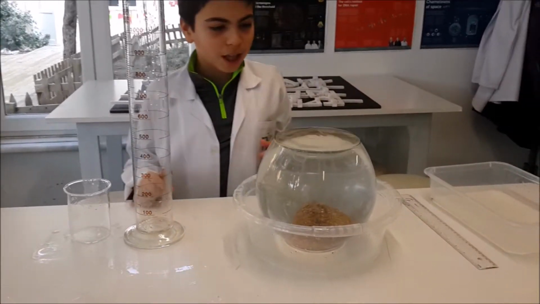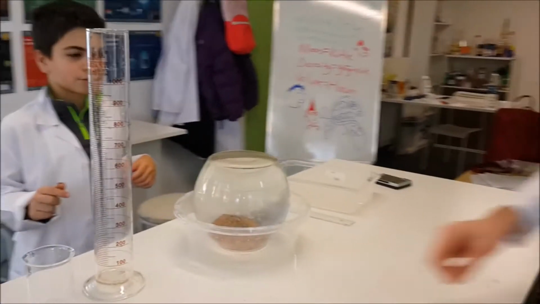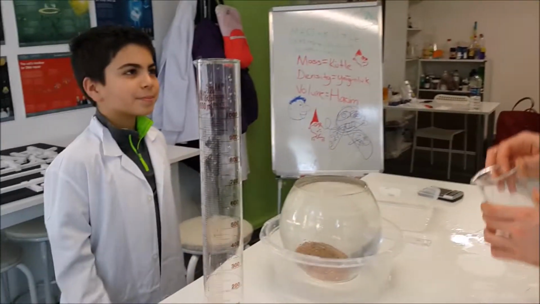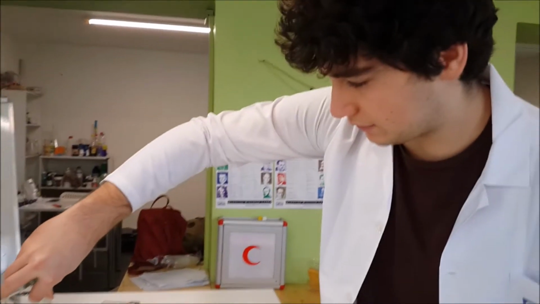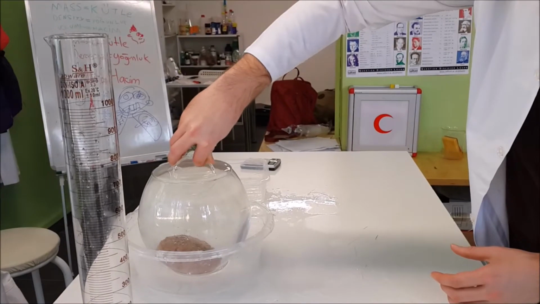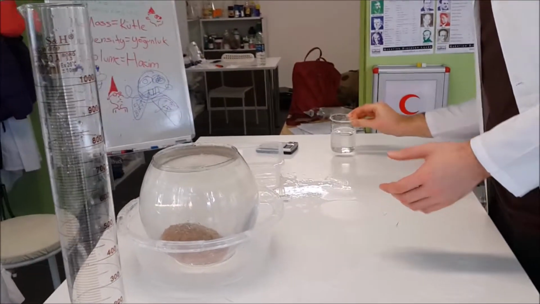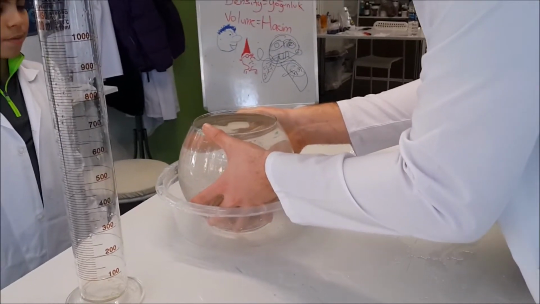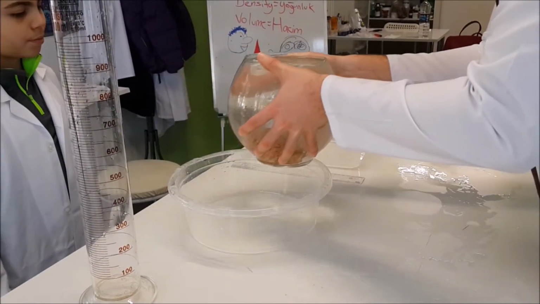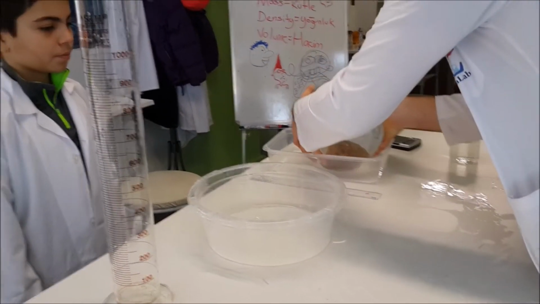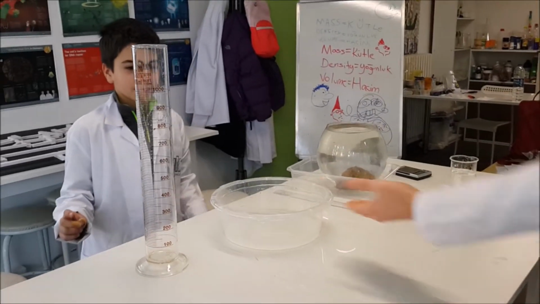Okay, now the teacher will help me take the bowl out without spilling anything. So, we first take some water from here. Oops. Minimize spilling. Here's your overflow, the water.